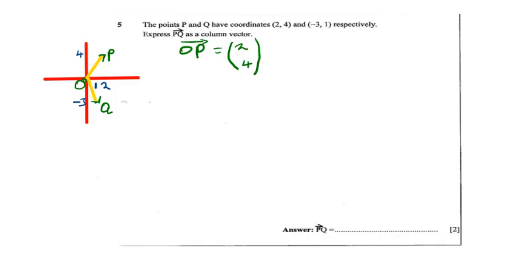And then our Q, it is starting from the origin, so OQ as a vector will be negative 3 and a 1. Now they have said express PQ as a column vector. So our PQ will be this. So PQ, like that. Our PQ will be equal to, now we are starting from P.